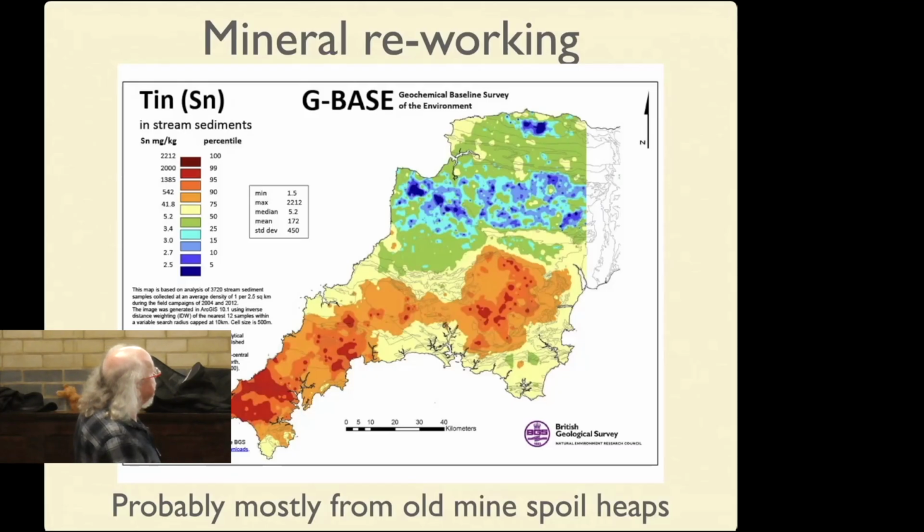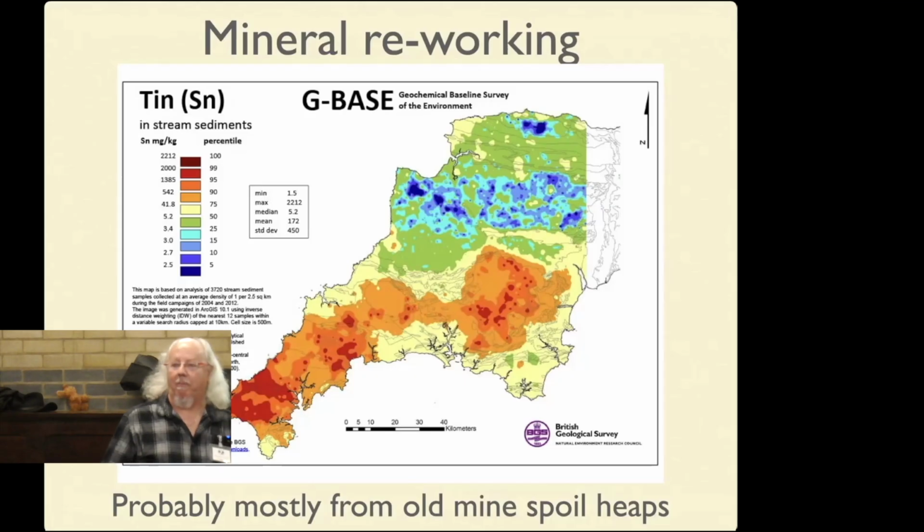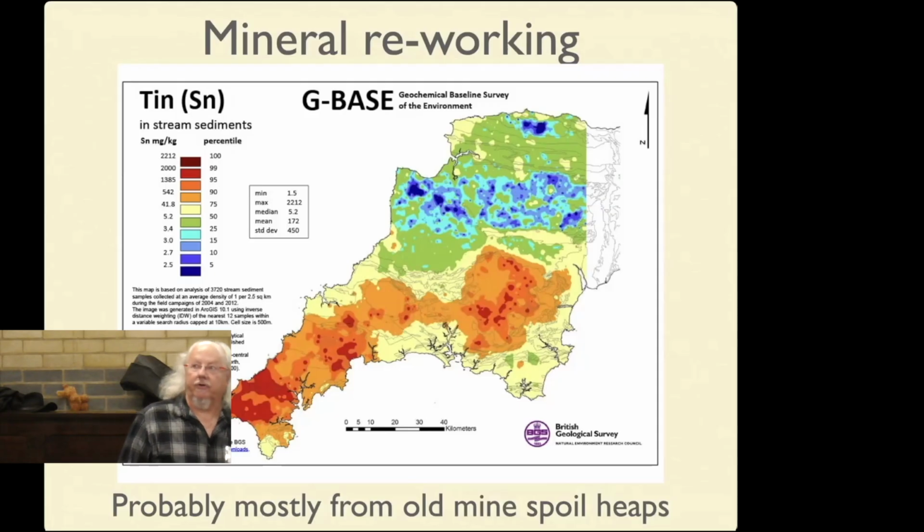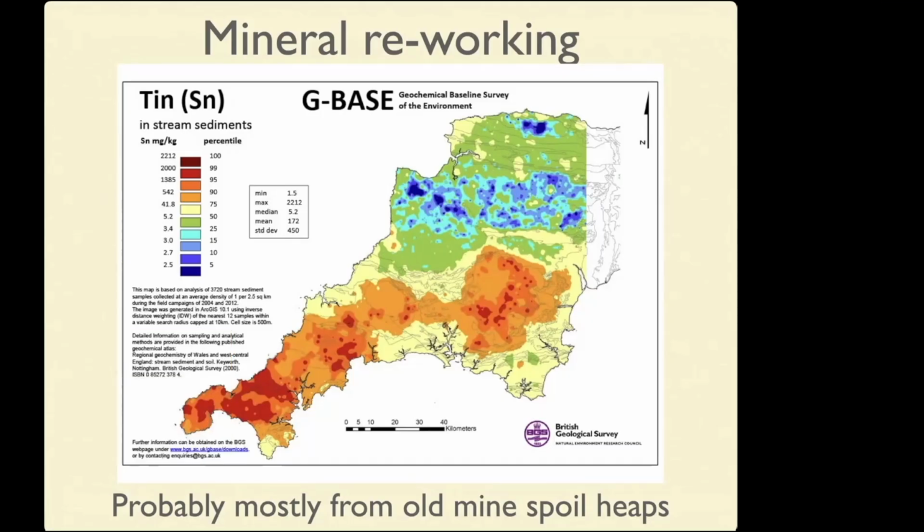But the interesting thing is this almost certainly comes from mine debris and the mine heaps and those sorts of things, rather than being primary. Although quite a lot of streams in the West Country, they were looking for placer deposits within them. So there was quite a lot of stream tin mining as well. But this, like I say, is probably from old spoil heaps from mines.